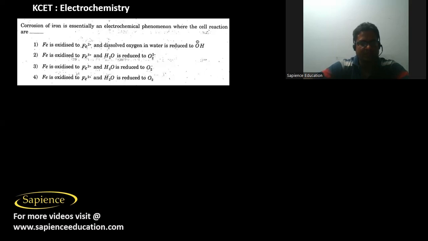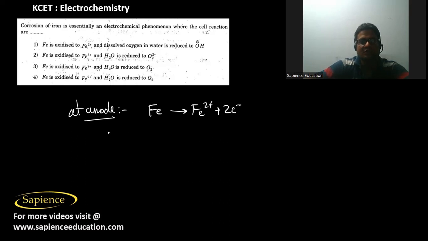So here the cell reactions which are happening at the anode, iron Fe atoms will be oxidized to Fe2+ ions, and it will lose 2 electrons.